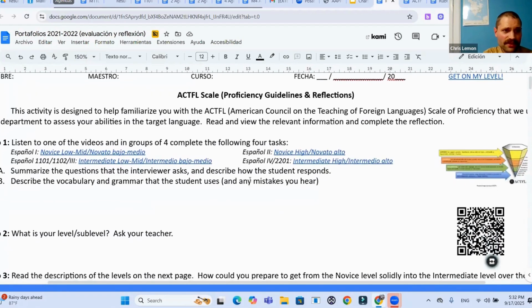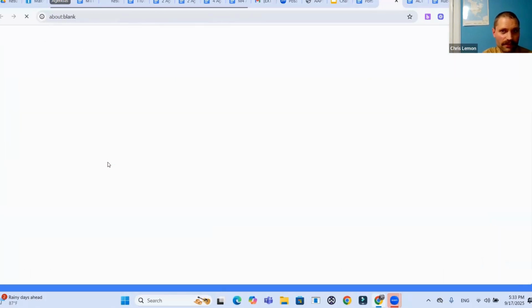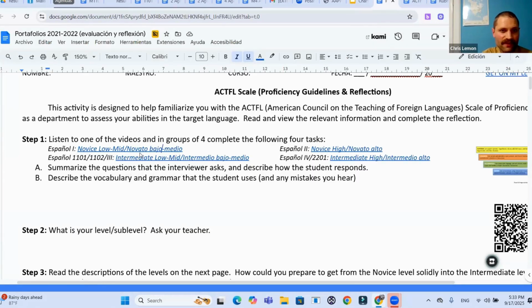The other thing that I like to start the year off with, and I hate to say, I think a couple of these links are probably broken. Yeah, there we go. If I can, I'll try to edit this because the information that's on here is housed elsewhere.